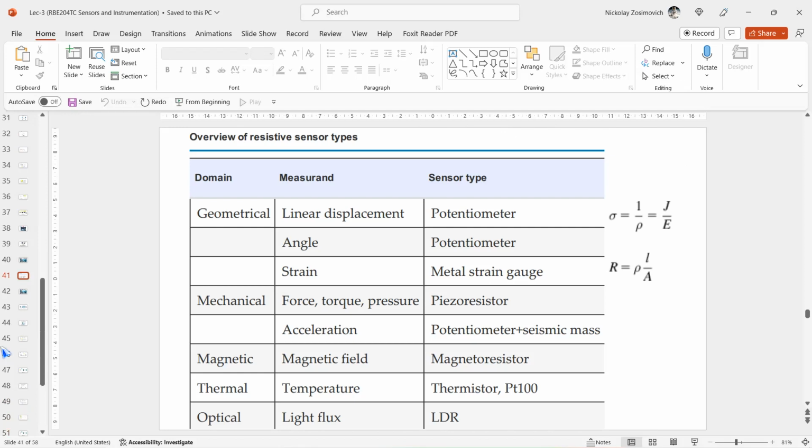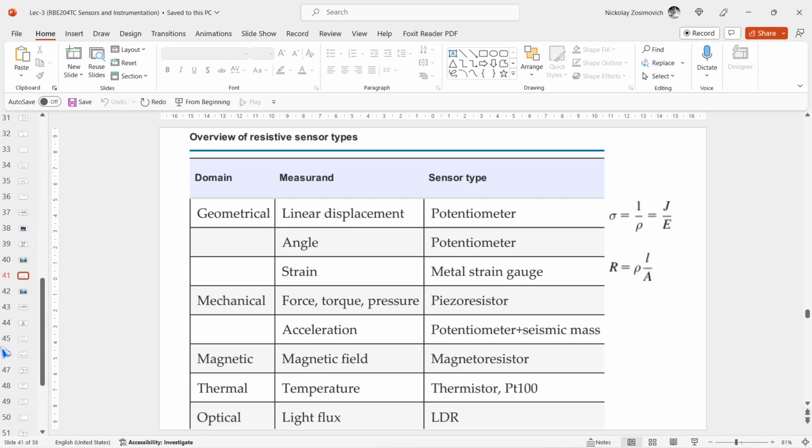So, conductivity is a pure material property. It does not depend on shape or size of the device, like skin effect and thin layer effect that are disregarded here. So, in our lecture, all materials are assumed to be homogeneous.